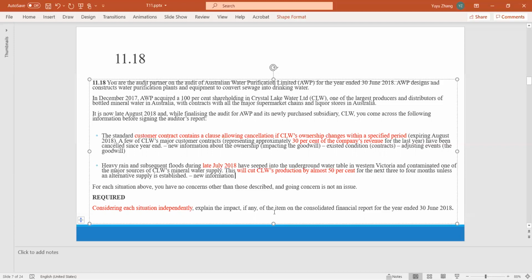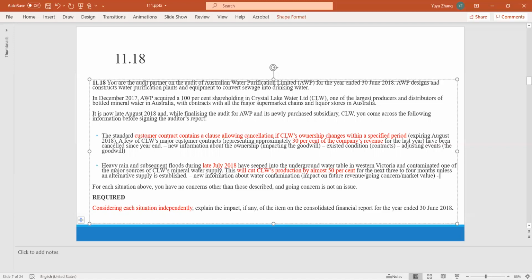This is new information about water contamination, which will have impact on future revenue, and maybe also something regarding the company's going concern and the market value, right?